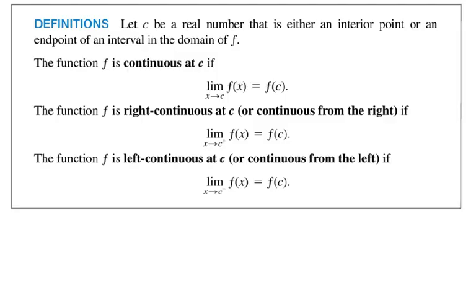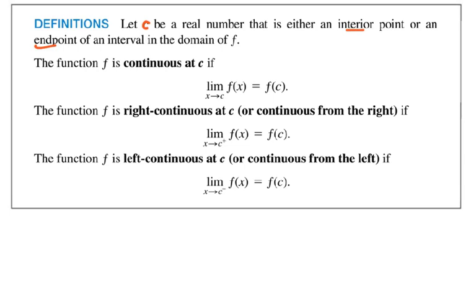So continuity can also be sided, meaning from one side or the other. As we look at this definition, let C, the number we're approaching, be a real number on the interior or at an endpoint, so inside some interval or at the end of the interval.